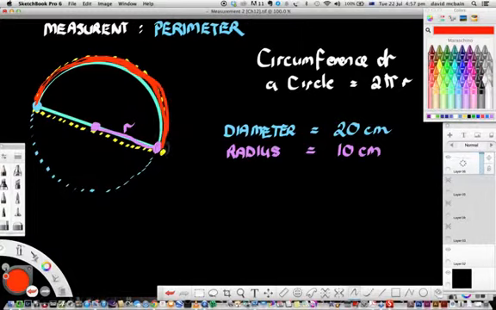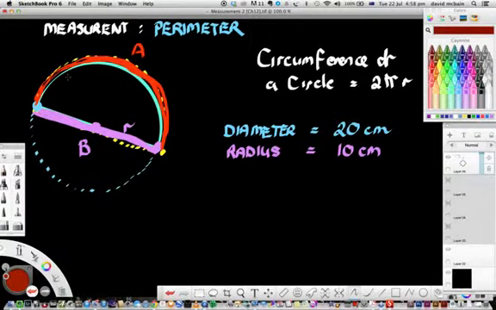We're going to do that part first, and we'll call that part A. And then the other part, which I'll make purple, this distance here, we'll call that length B. So we're going to work out length A first, and then we're going to add B to it, and that will be the diameter of that semicircle. So let's work out A first.